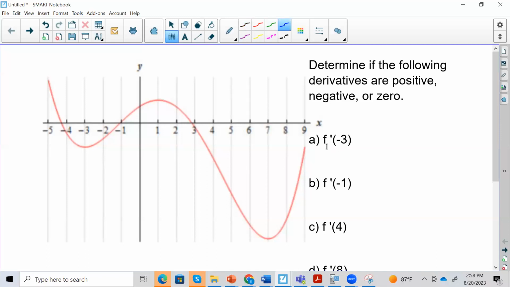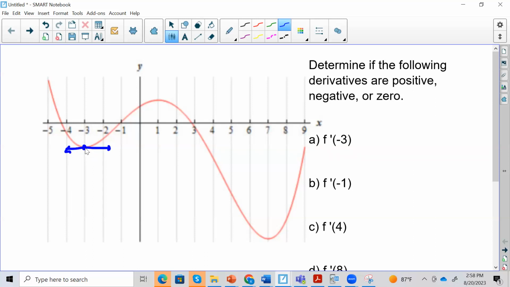Okay. So when we say f prime of -3, what we're doing is we're going to where the x value is -3, which is here. And we're looking at, okay, what is the slope of the tangent line here? So anywhere my function changes direction, from decreasing and then increasing, or from increasing then to decreasing, when we draw the tangent line, we draw a horizontal tangent line like this.